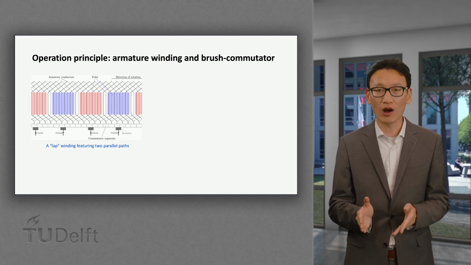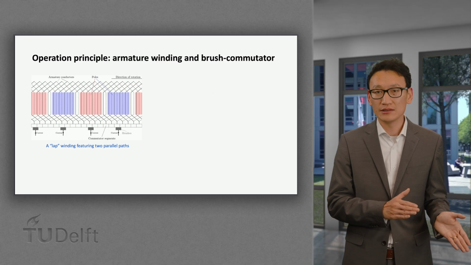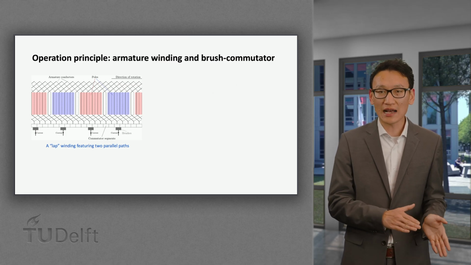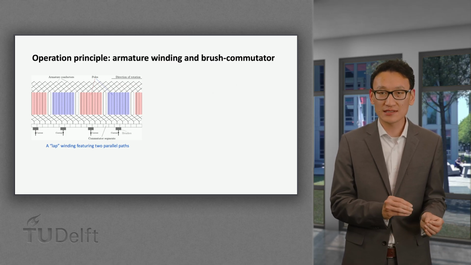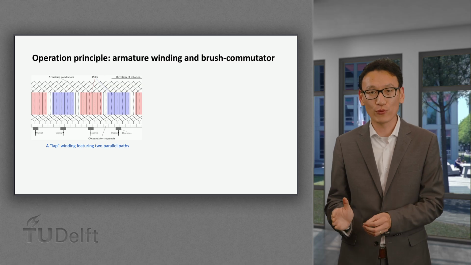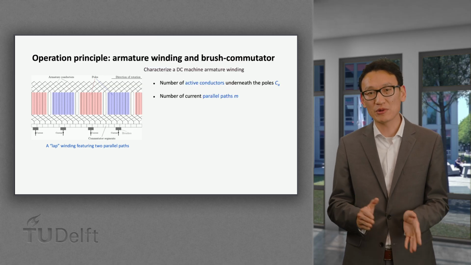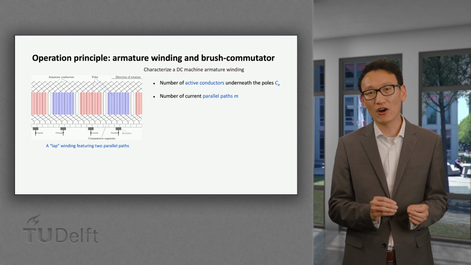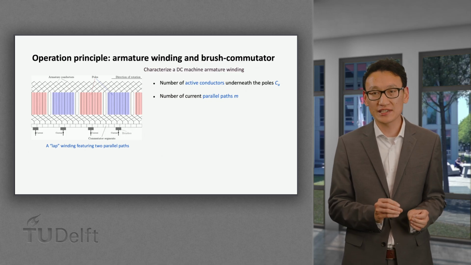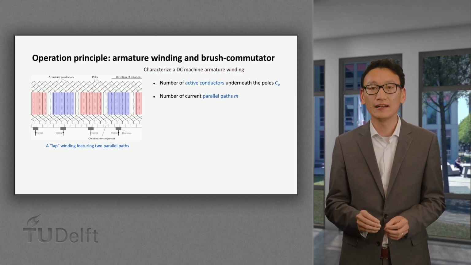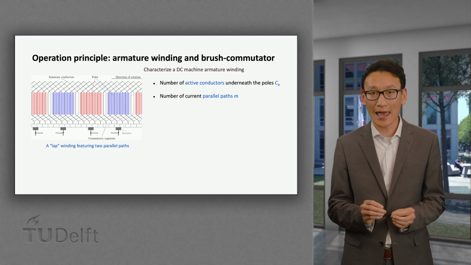An example is shown on the left of the screen. In this example, all wire loops are lapped on each other. Thus, it is called a lap winding. To characterize the armature winding, we define the number of conductors exposed to each pole as Ca and the parallel paths as M.